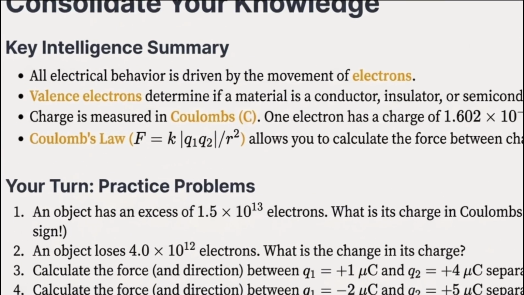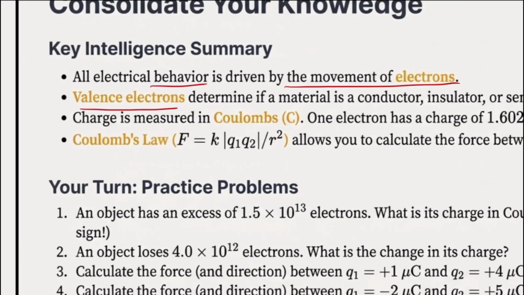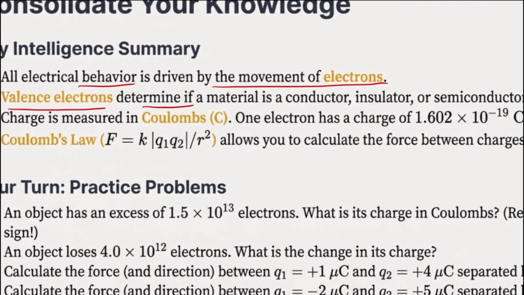So let's talk about the summary. What we learned: all electrical behavior is driven by the movement of electrons. Electrons are the essential part of our electrical circuit, or any kind of electronic devices that we have around ourselves. We learned about the valence electrons, which are at the end of each atom, and they determine if a material is a conductor, insulator, or semiconductor.